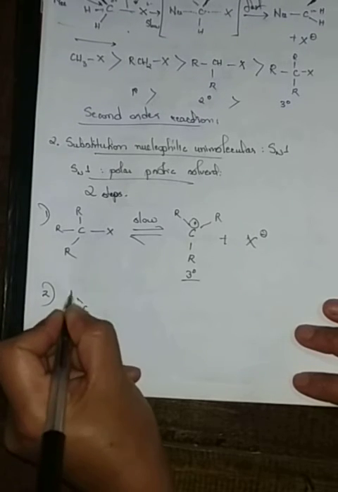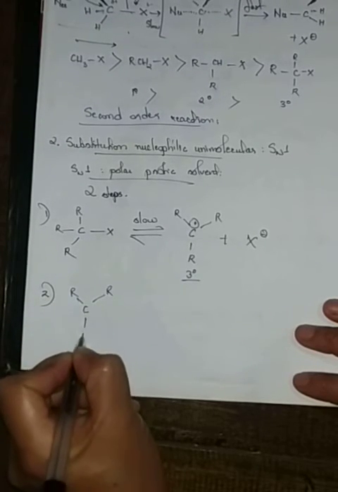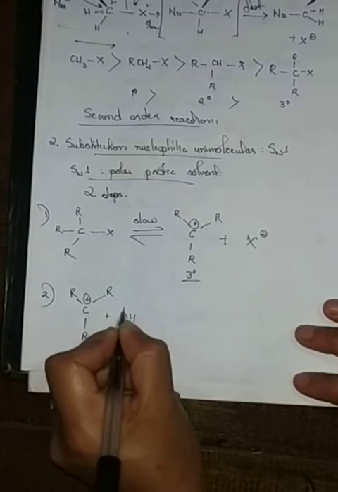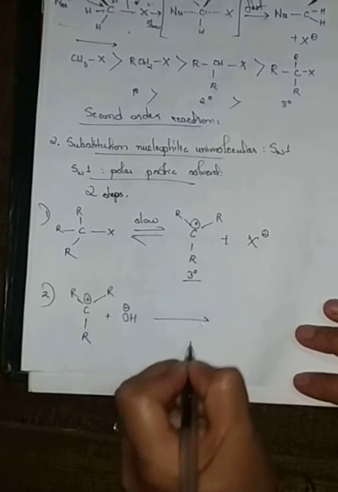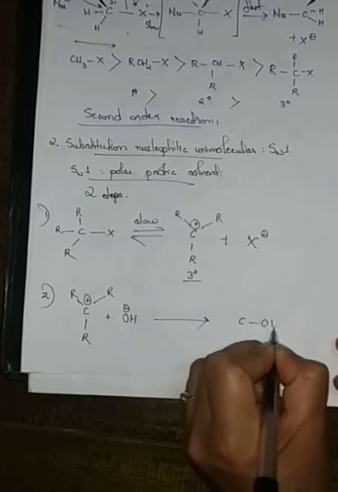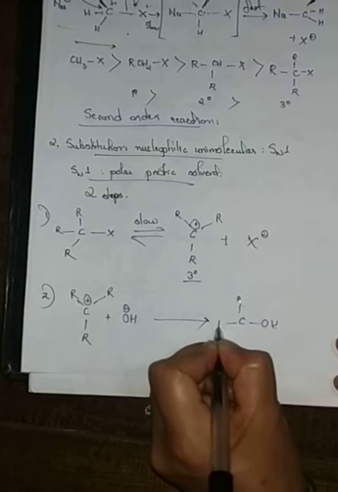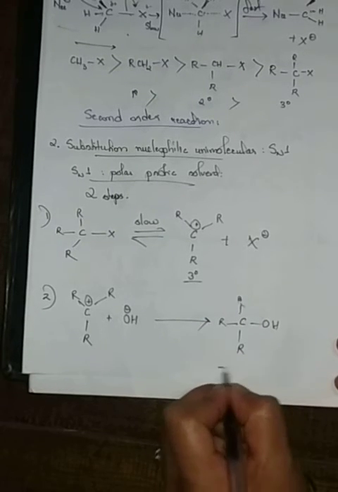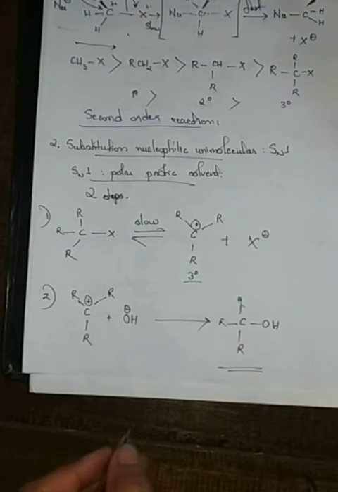If this is our tertiary carbocation here, and we take OH ion, hydroxide, the reaction here is very fast. Therefore, we'll be getting a tertiary alcohol here. Therefore, we see that in SN1 mechanism, the reaction follows first order kinetics.